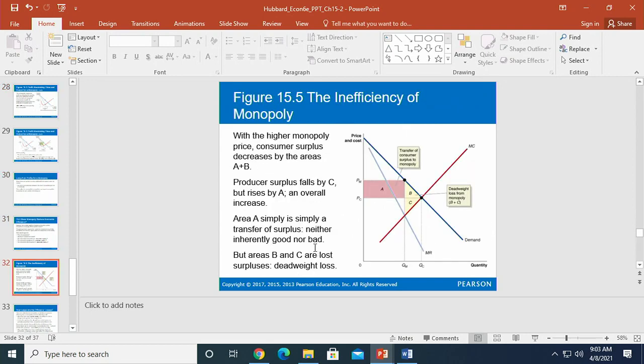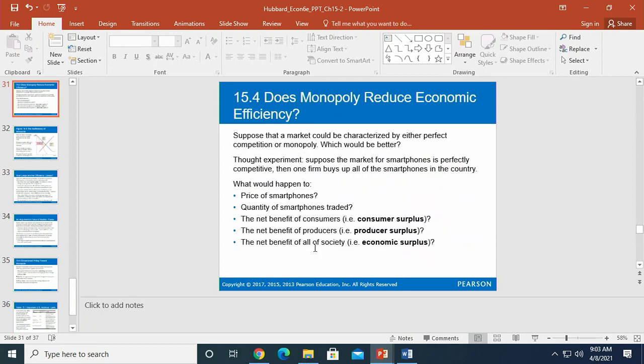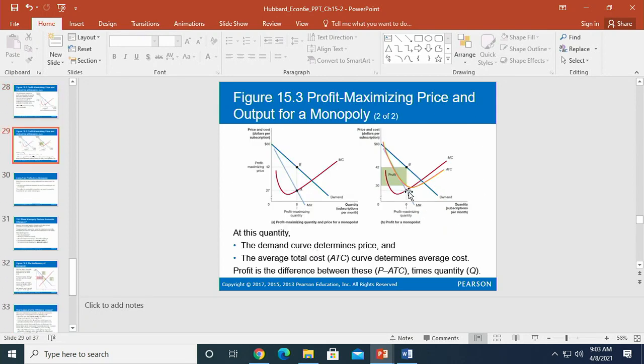You can draw in an average total cost curve and show the profit, like this one right here, if you like, but you don't have to. What I'm going to be looking for is the panel on the left. I want you to show me that they're going to produce where marginal revenue equals marginal cost, where those two curves cross, but they're going to price up here above it.